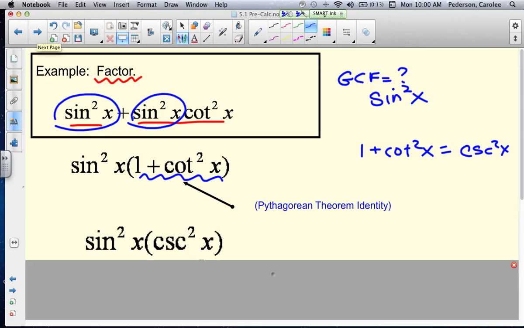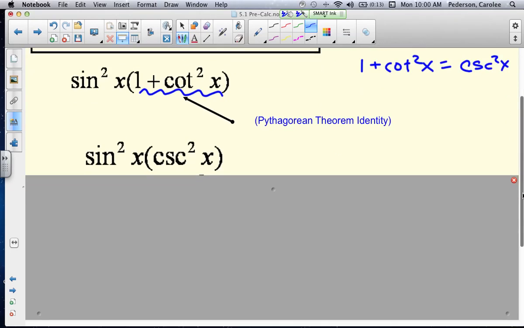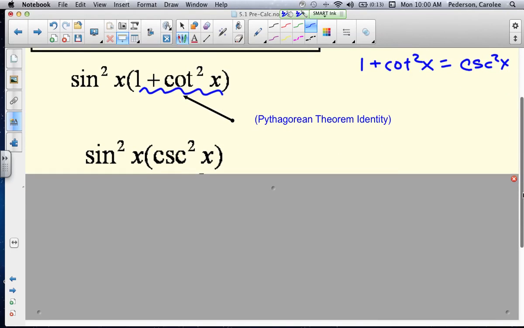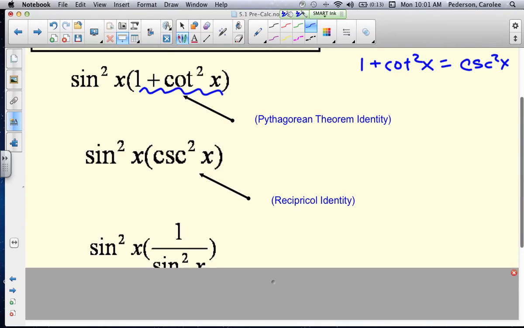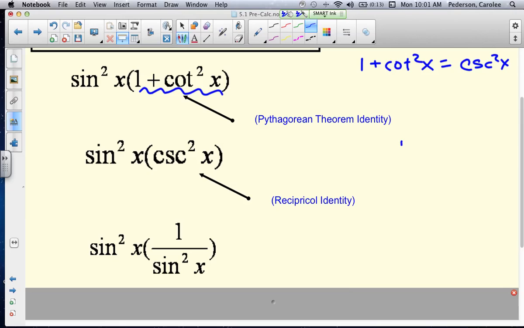Now we have it into 2 pieces. How can I rewrite cosecant squared of x? What's cosecant? 1 over the sine, correct. So cosecant of x equals 1 over the sine of x. Reciprocal identity. How did that benefit us now?